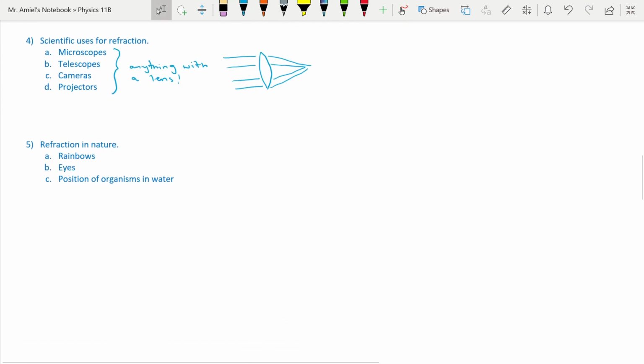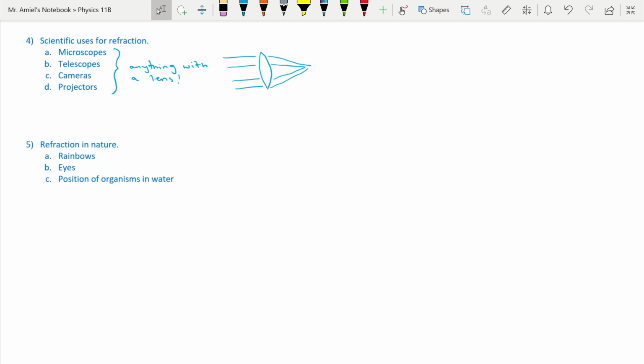Refraction in nature, we can have rainbows are an example of refraction. It's light refracting in raindrops. Our eyes have a lens in them, so they're going to refract light, but they also have a liquid behind your lens called the vitreous humor, which is going to, again, refract light because it's going into a different medium. And we can talk about the position of organisms in water.